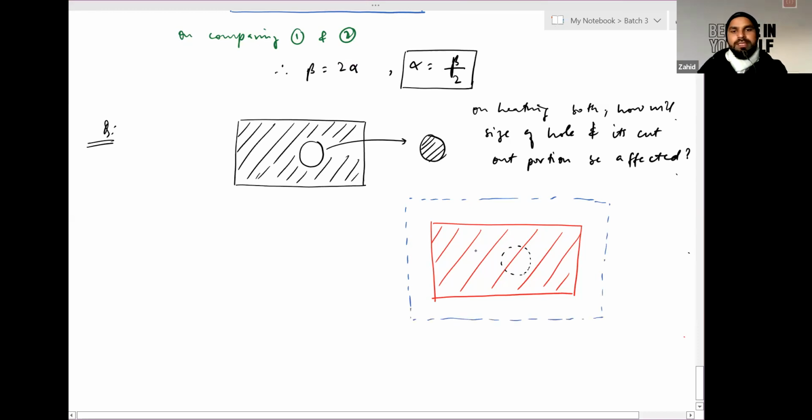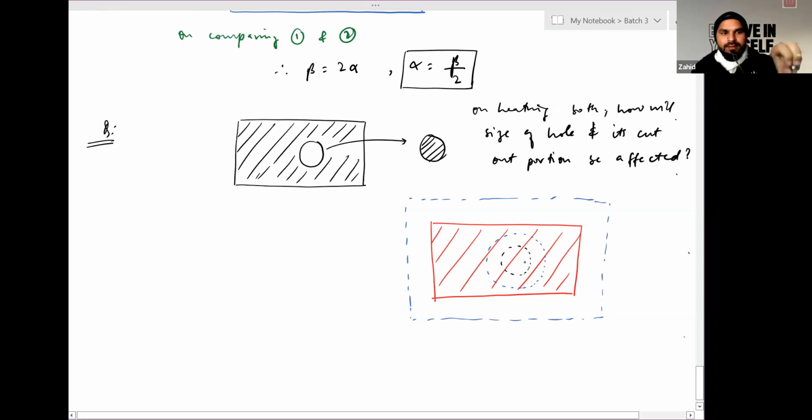So say this entire sheet will expand. So this dot marked position, according to this, will also expand. Just think why it is expanding. So according to the concept I had defined in the first part, on heating, separation between particles increases due to increase in thermal kinetic energy.